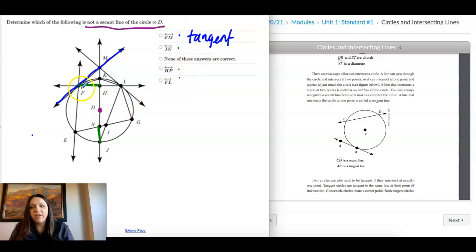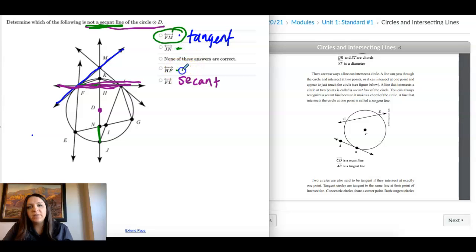And then FL does go through the circle at 2 points. So FL is a secant line. This is asking which one is not a secant line. So it would be the tangent line. These are just tiny line segments that we don't even label. So you would pick that it's not the tangent line.